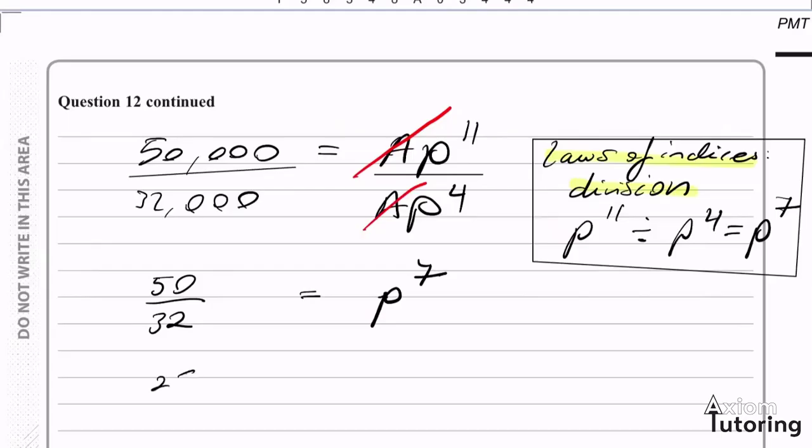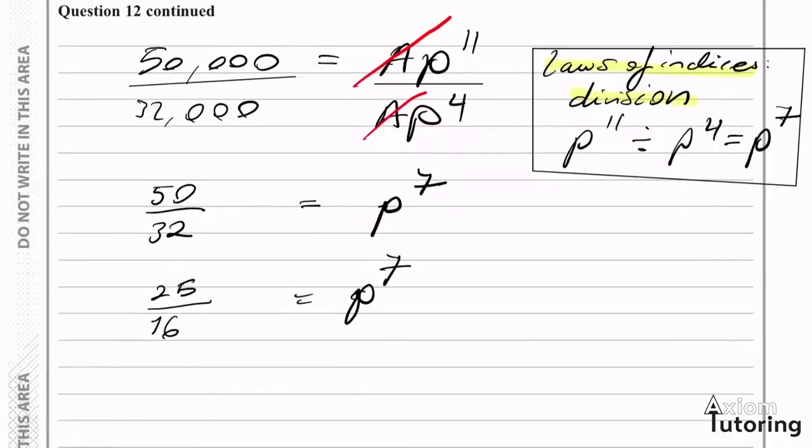And so we can simplify that a little bit. On the left-hand side, we can do 25 over 16 equals P to the power of 7. Now, in terms of simplifying it, I was thinking maybe we could square root each side, but that just complicates things a little bit.